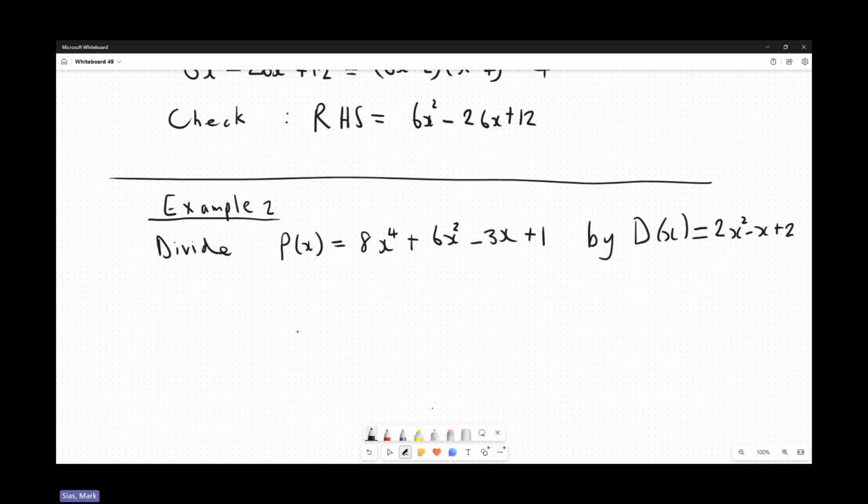And here they say find the polynomials q of x and r of x such that p of x is d of x times q of x plus r of x. But that's fine, we know how to do that, that's not a problem. The main thing is, let's start with this long division here.